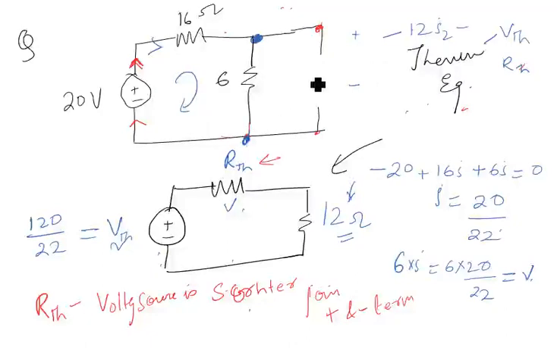I want to calculate the equivalent resistance across RTH, across which I have chosen the 12 ohm. So I want the resistance across this, under the consideration that the voltage source must be short circuited.